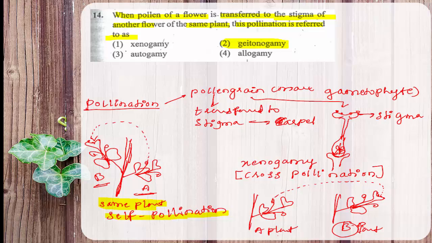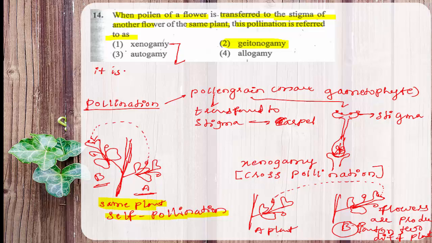In case of xenogamy, the pollen grain of one flower is transferred to the stigma of another flower, where the flowers are produced on two different plants. Where the flowers are produced on two different plants, such a type of pollination is called xenogamy. I will write the definition here so that it will be clear for you.